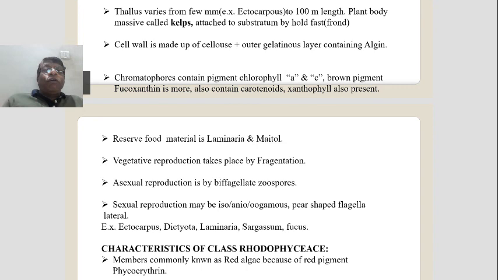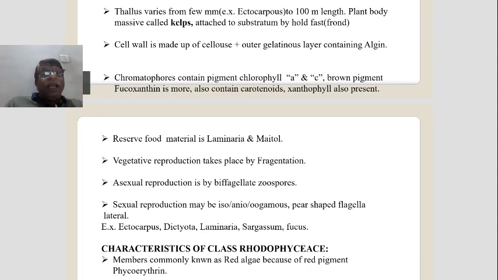The chromatophores mean the chlorophyll-containing structures, just like plastids in higher plants. The chromatophores contain chlorophyll A and chlorophyll C pigment plus the brown pigment fucoxanthin, which is more.